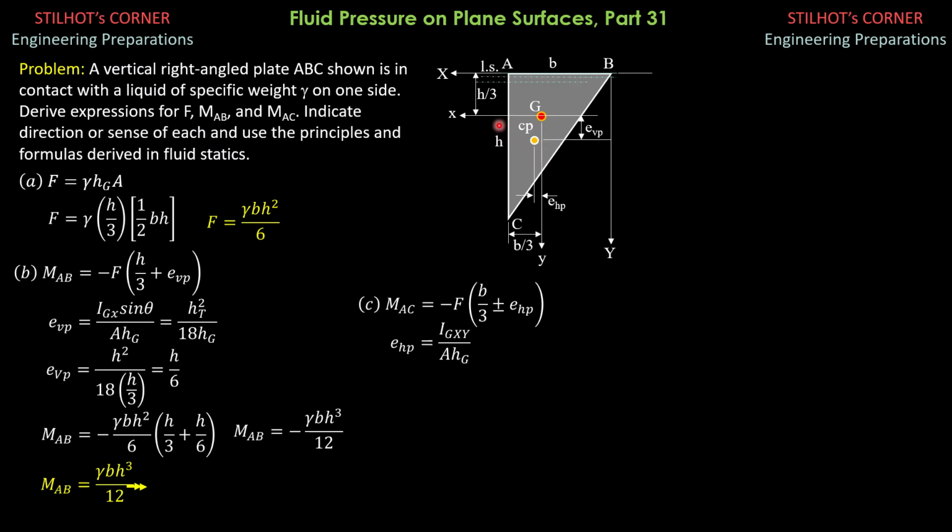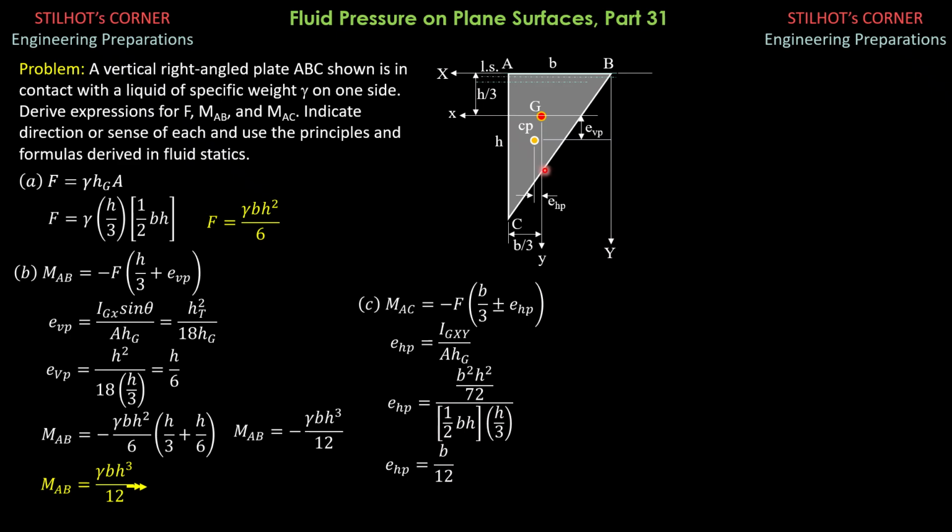Now, if this is the centroidal XY axis, then because the greater area lies in the first and in the third quadrant, if you draw the centroidal axis, so this is positive, and the formula as derived is b square h square over 72. Then area is 1 half BH, HG is h over 3. If we simplify that, that's equal to b over 12.